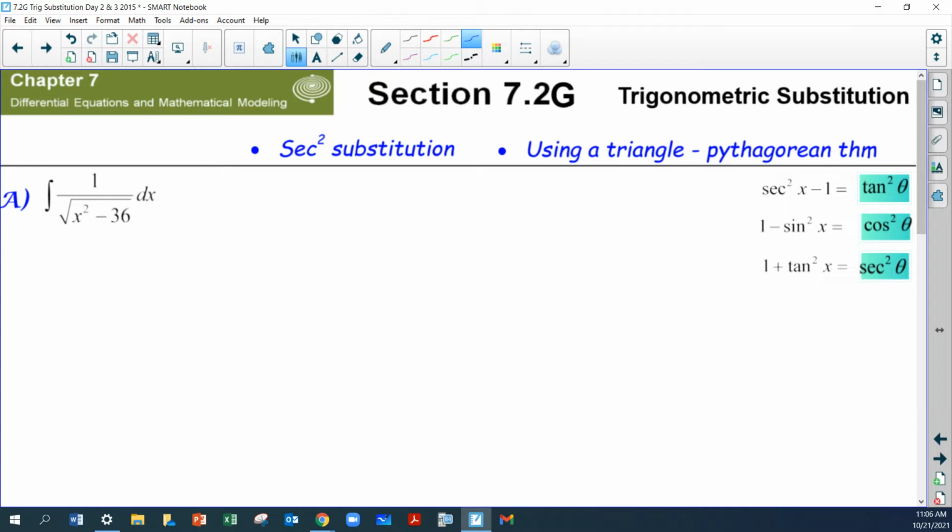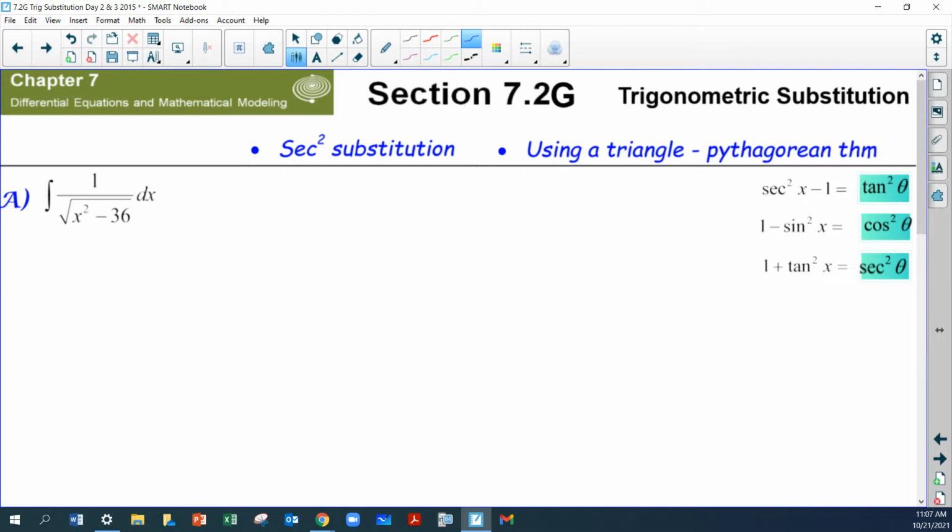All right. When I look at this one, I have something like u squared minus a squared in my mind. And that kind of flows with this secant squared minus 1, doesn't it? So I think what I'm going to do is set up a substitution where I can put in that secant into this.